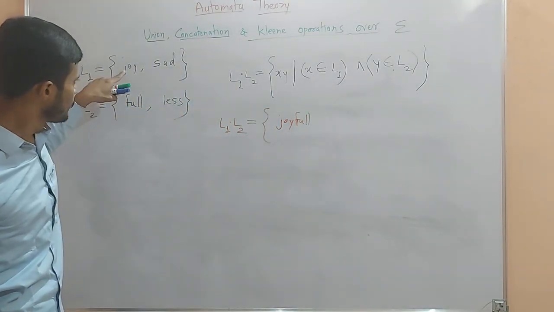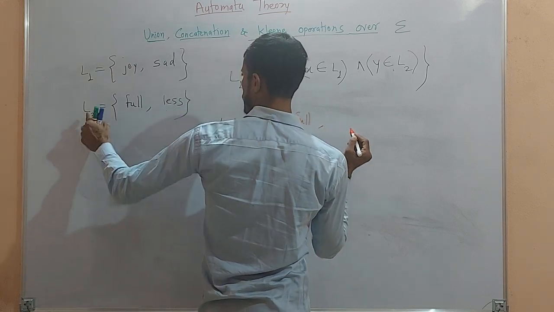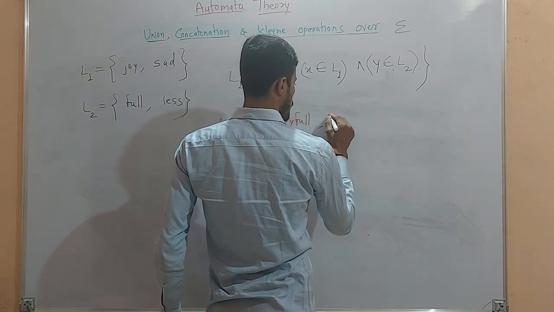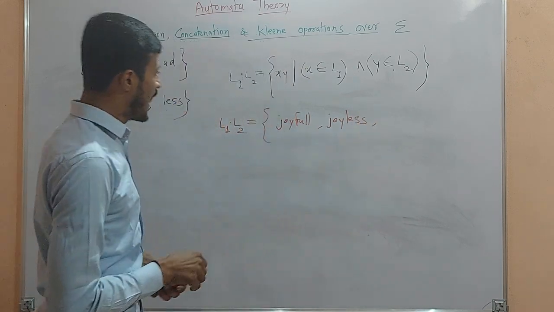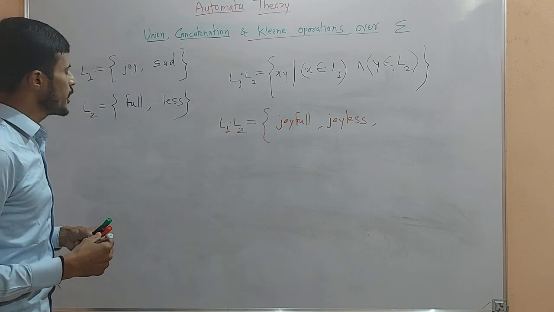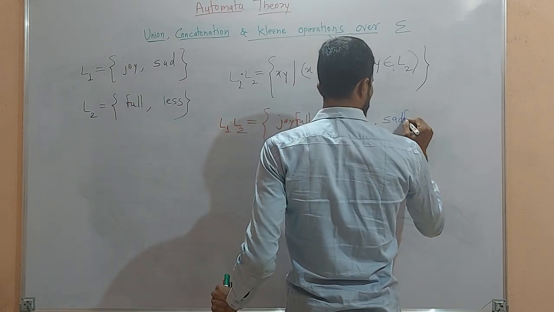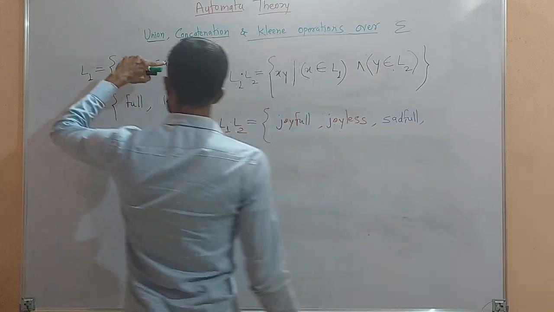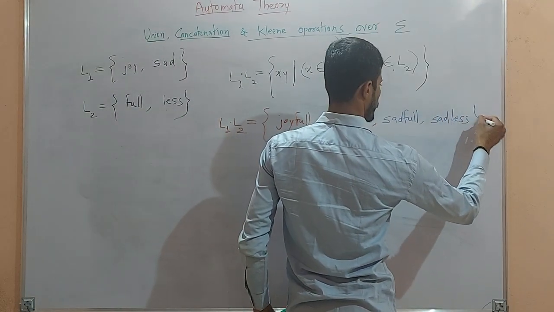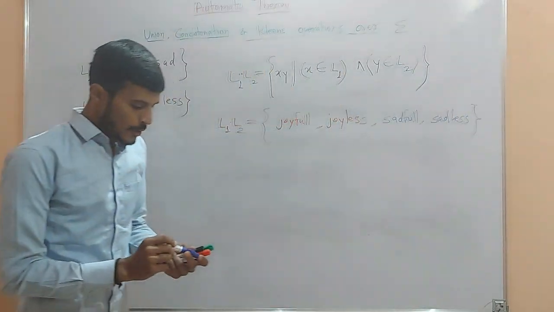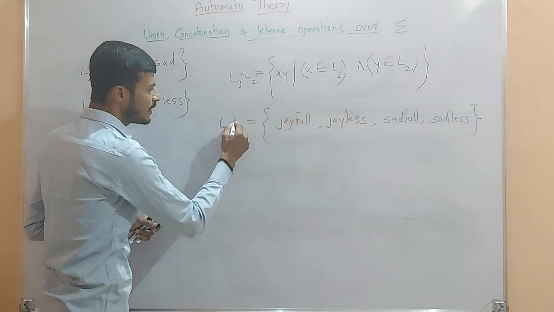Then I will take joy and the second string from the second language: joyless. Then I will go for the second string in the first language, that is sad: sadful, and then sadless. Fine. So that is the result with respect to the concatenation L1, L2.